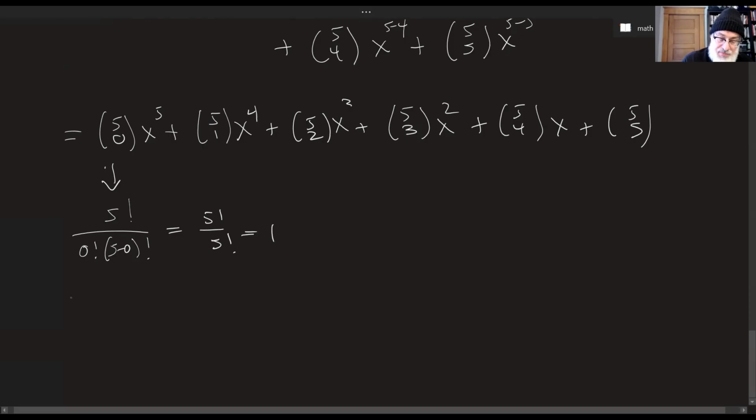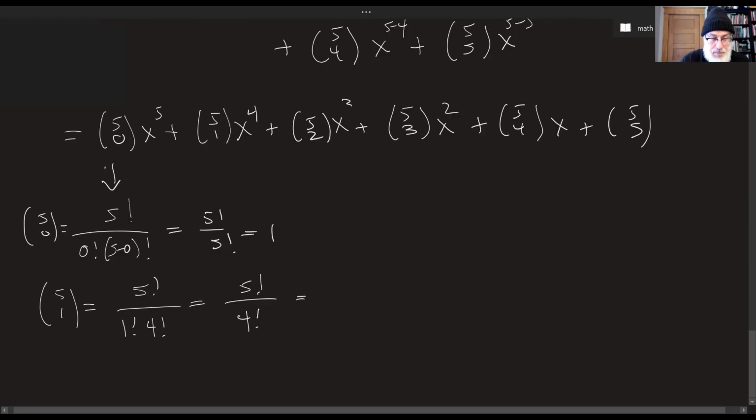Let's do 5 choose 1. 5 choose 1 is going to be 5 factorial over 1 factorial times 5 minus 1, which is 4 factorial. This is 5 factorial divided by 4 factorial, which is 5 times 4 times 3 times 2 times 1 over 4 times 3 times 2 times 1. So we can cancel this, and we get 5.